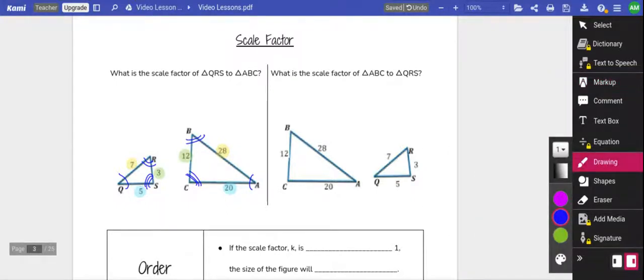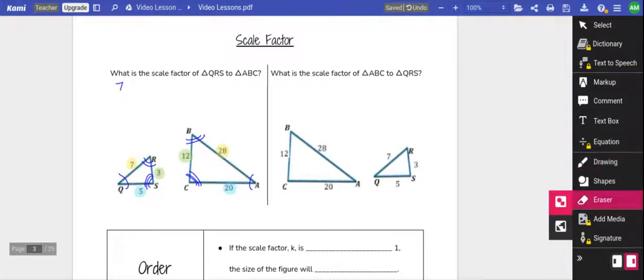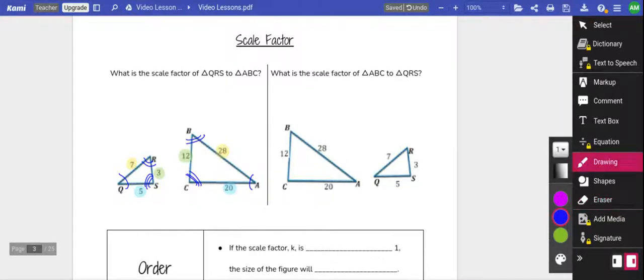You could pick any of these corresponding sides you want, and in fact, you can pick them all if you'd like. But when we determine scale factor, notice that we're getting bigger. So from 3 to 12, I multiplied by 4. Is that the same from 5 to 20? And from 7 to 28? That means that the scale factor from QRS to ABC is 4.